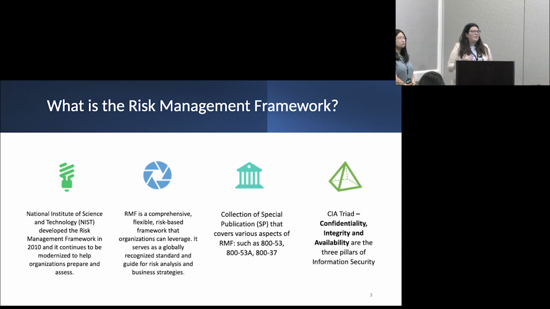When you think of CIA, we're not talking about the Central Intelligence Agency. We're talking about confidentiality, integrity, and availability. Confidentiality is the who: how is an organization securing sensitive information and data, and who actually has access to it? For example, say you go to the bank and open a safety deposit box to store sensitive data.